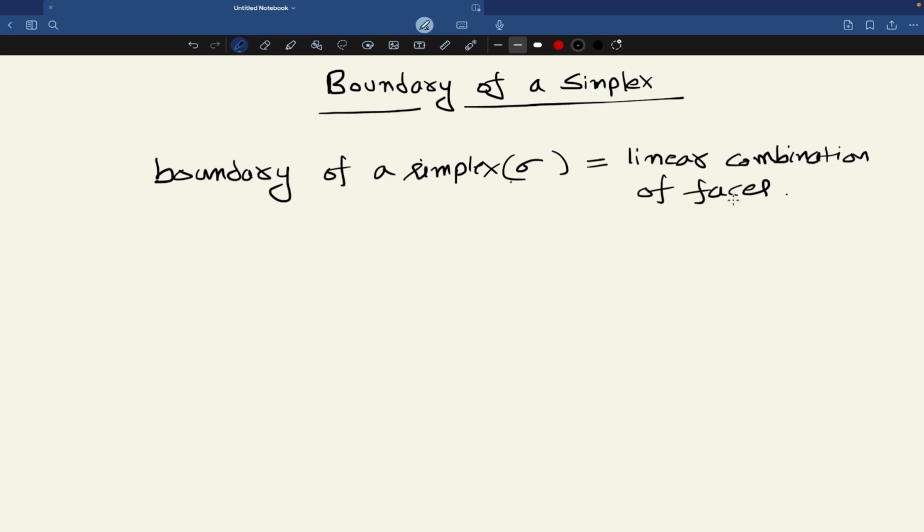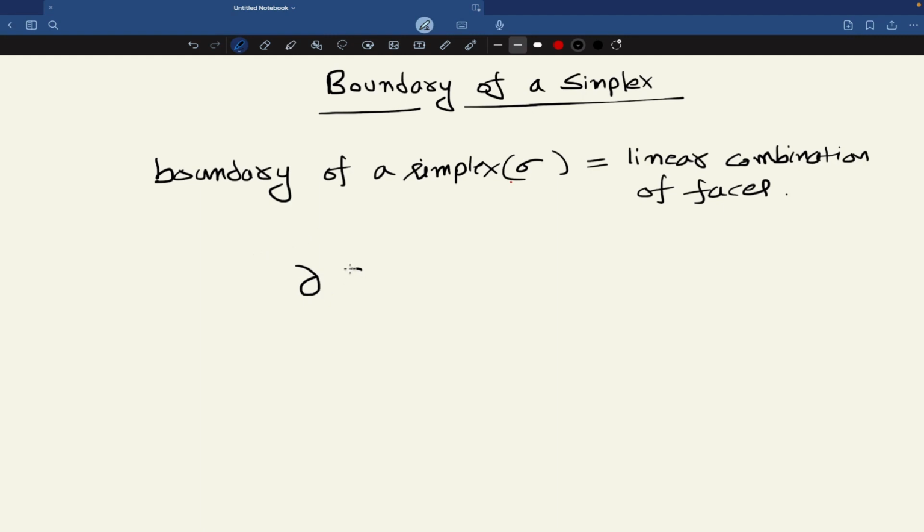We have already talked about how to compute faces for a simplex. The linear combination of all the faces of a particular simplex is defined as the boundary. The symbol del is used to denote boundary.